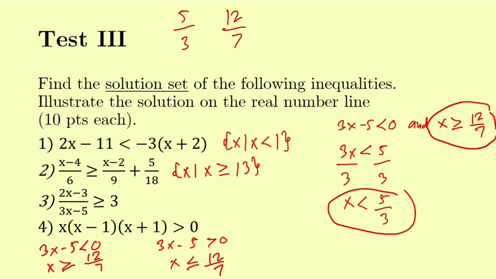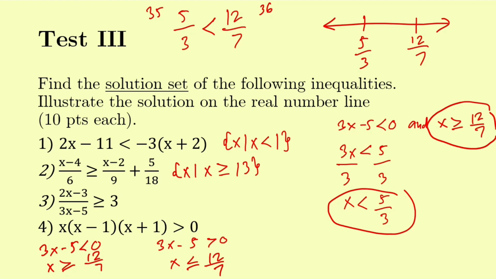So, 5 times 7 is 35. 12 times 3 is 36. That means mas mataas si 12/7 kay 5/3. Meaning sa number line, ito si 5/3, ito si 12/7. Ngayon, can a number be less than 5/3?